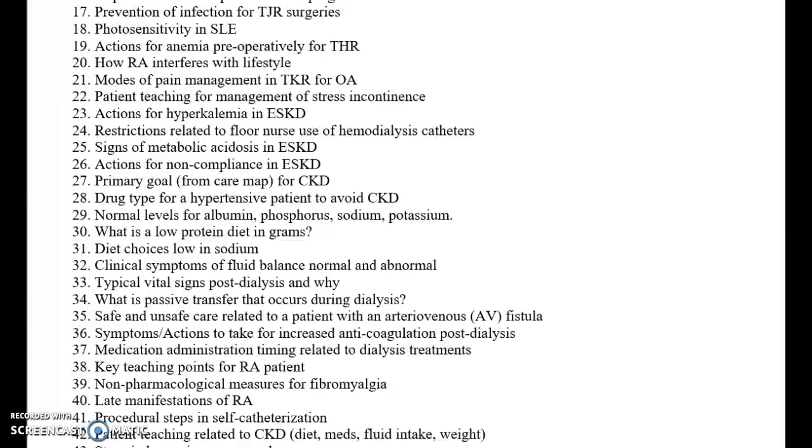Actions for anemia preoperative. As older patients getting some of these surgeries, they are potentially going to need time to build up their hemoglobin levels before surgery.